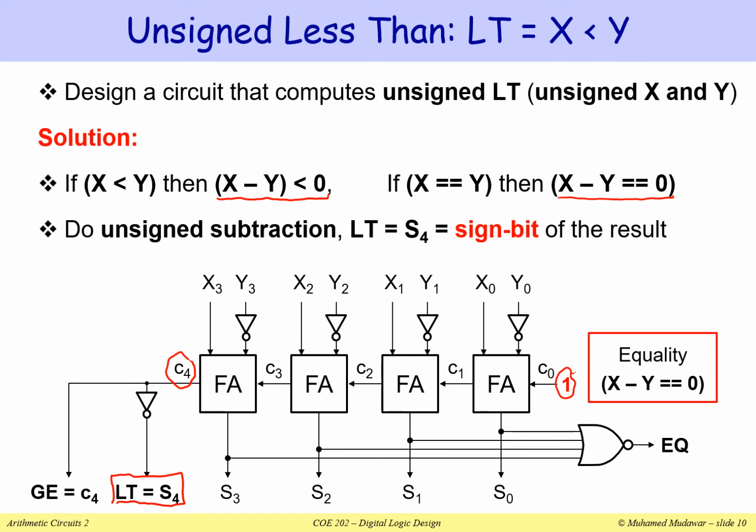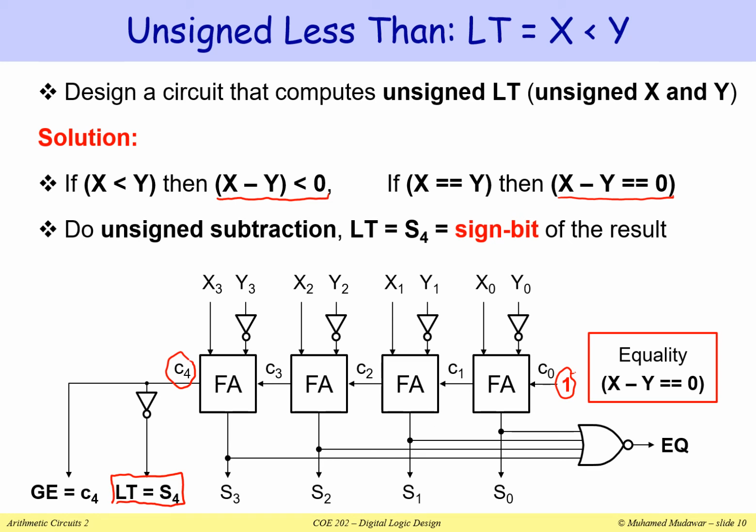So if this sign is equal to 1, it indicates that x is less than y. It indicates that x minus y is negative, and therefore x is less than y. So the sign bit is just the complement of C4.